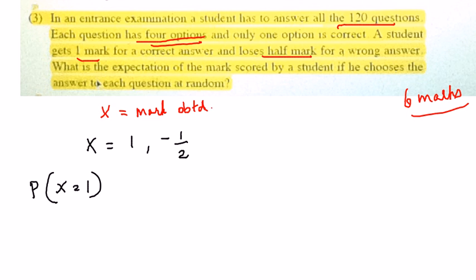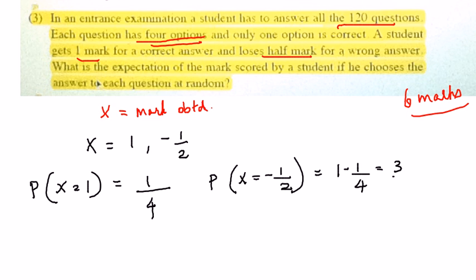Which is that he answers the question correctly, which means out of 4 options, 1 option is correct, so it is 1 by 4. So if the probability of answering a question correctly is 1 by 4, the probability of not answering a question correctly is going to be 1 minus 1 by 4, which is 3 by 4. So did you understand till here?